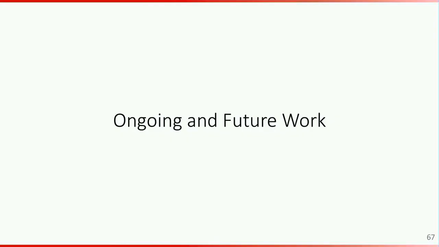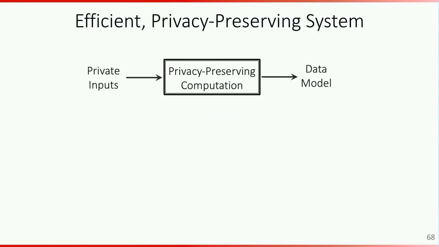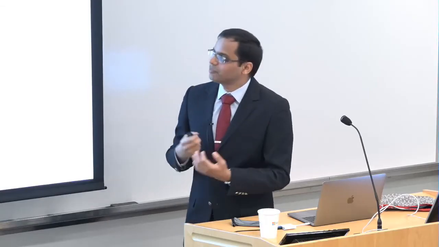With that, let me move on to speaking a little bit about my future work. The overarching goal is to move from privacy-preserving computation to a privacy-preserving system. Until now, we have been discussing having private inputs, performing some computation on top of them, and learning some data models.